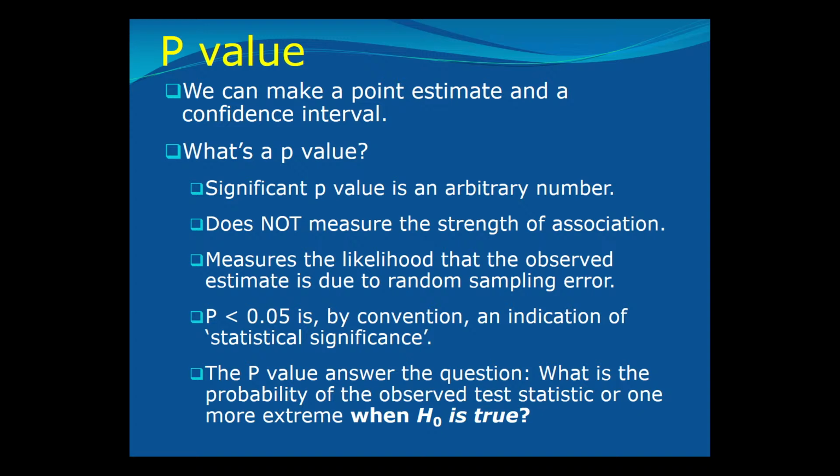It measures the likelihood that the observed estimate is due to random sampling error. If we get a p-value less than 0.05, this means, by convention, an indication of statistical significance. The p-value answers the question: what is the probability of the observed test statistic, or one more extreme, if H0 is true?